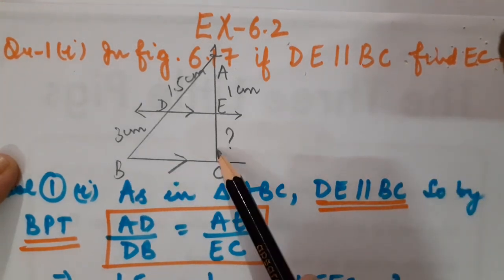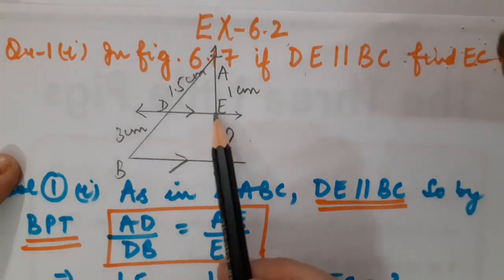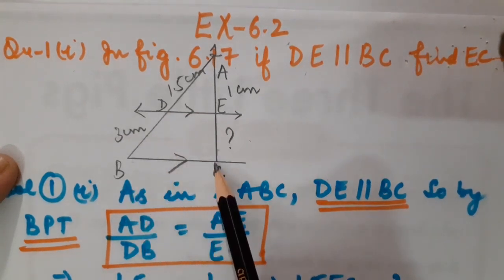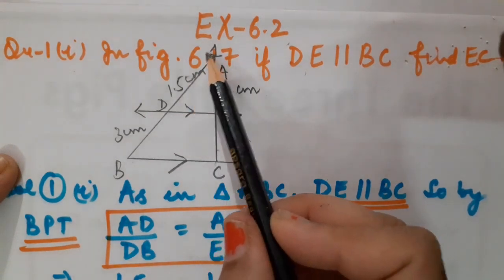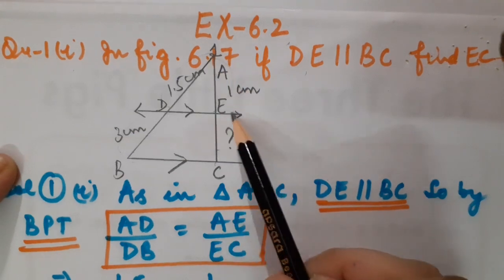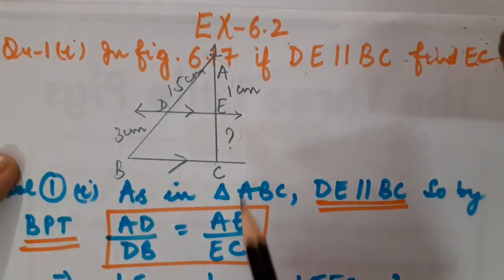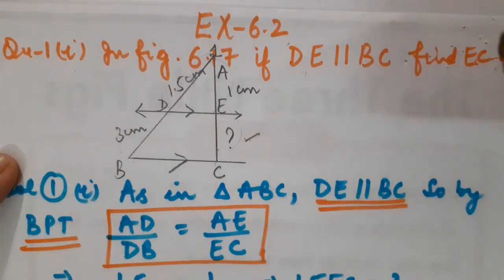We will have to calculate EC. Children, you just tell me. If DE is parallel to BC, then by BPT, what can we say? That AD upon DB must be equal to AE upon EC. So apply BPT and get the result. We will have to calculate the value EC.